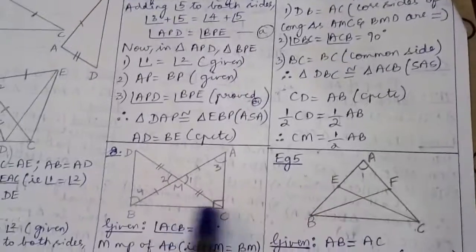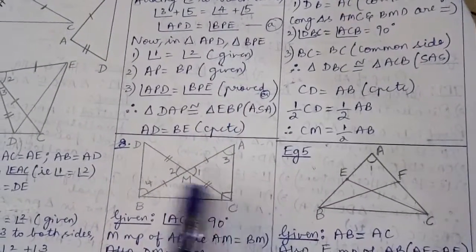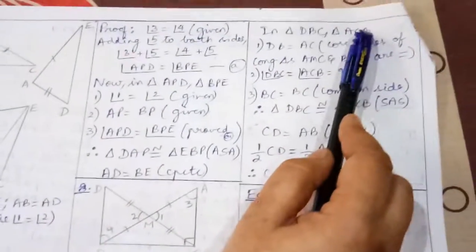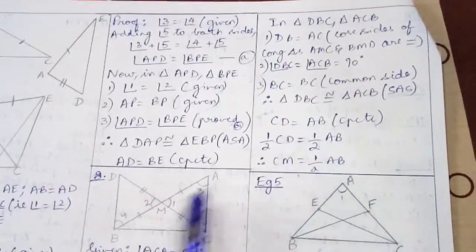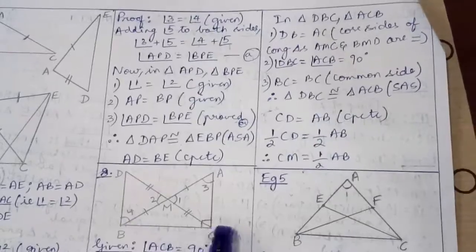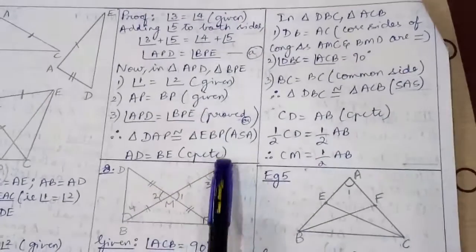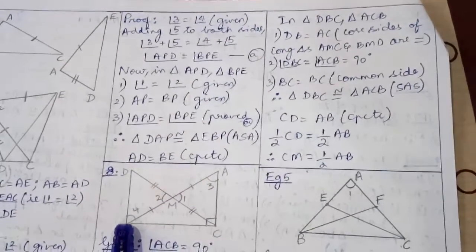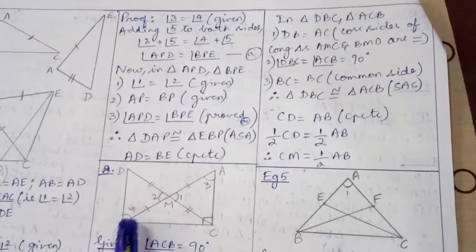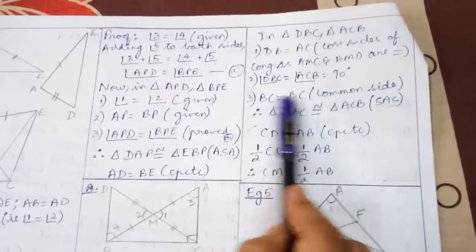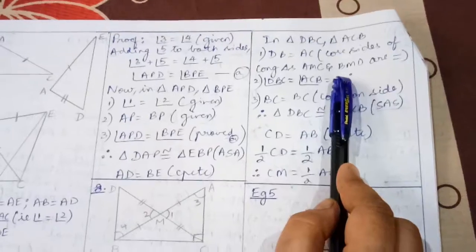And the third thing is BC equals BC, common side. Both the triangles have BC as a common side. See, BC is in triangle DBC, BC is also in triangle ACB. So that's a common side. So we have listed two pairs of equal sides and one pair of equal angles.